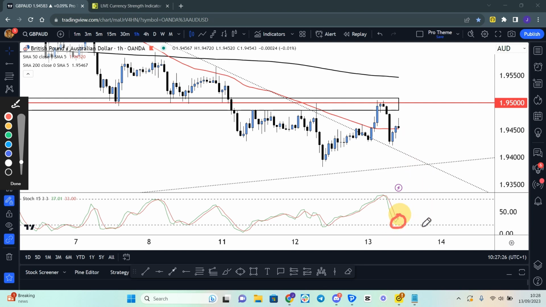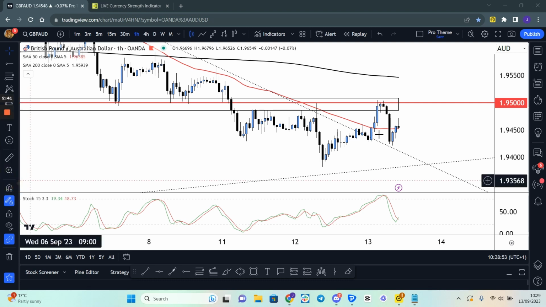The stochastic at the moment is starting to turn a little bit more bullish here. I'm happy to leave as is at this moment in time. I will be keeping an eye on it every hour to see what is going on with price, but essentially we've got a breach of some minor trend line support here as well, so there could be some opportunity to see price trade a little bit lower.